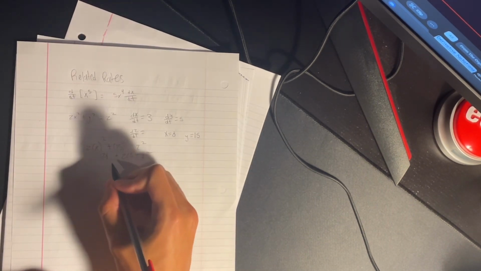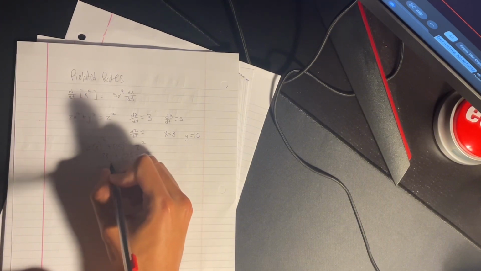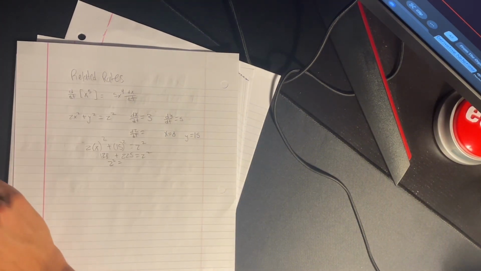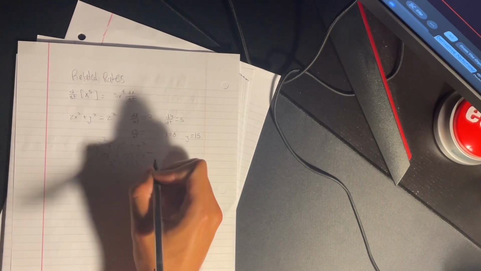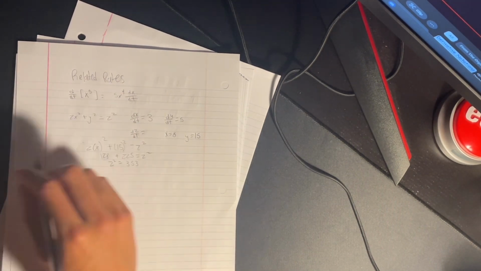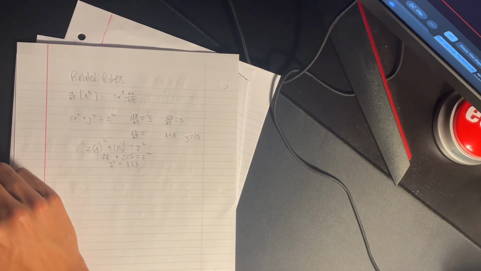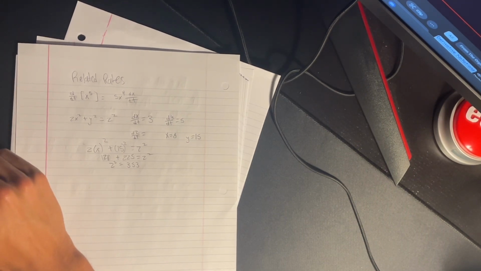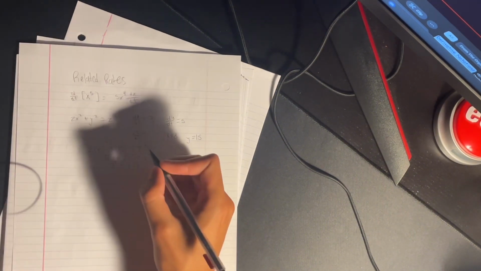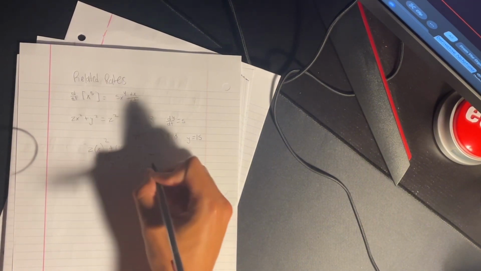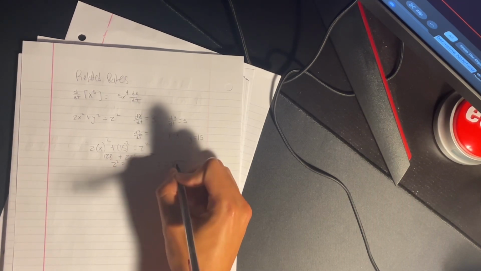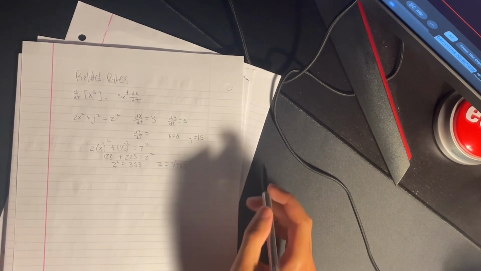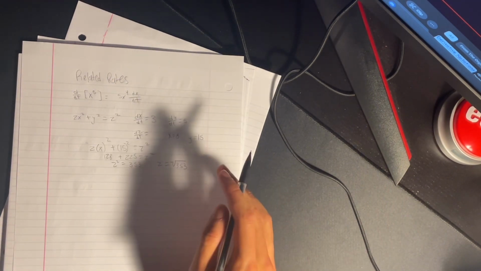So now we can do this math. It's going to be z squared equals 353. And if we take the square root of that, we just get the square root of 353. So we're just going to leave it like that. So now we have z. Okay.